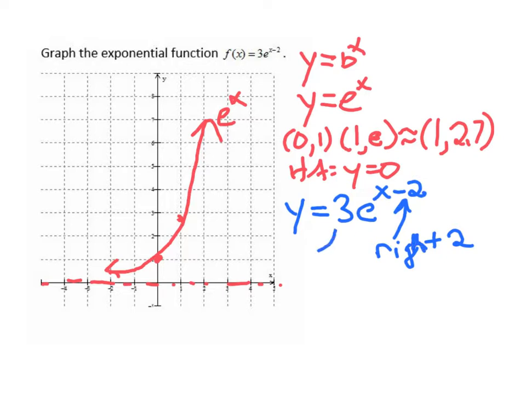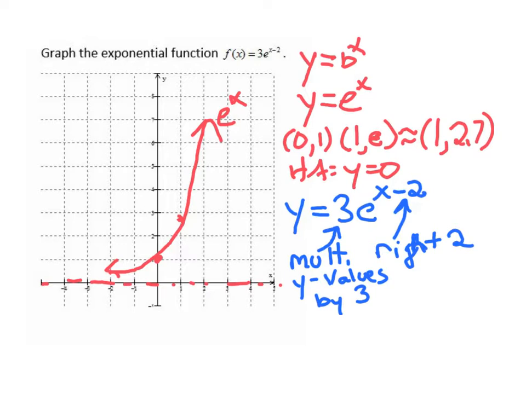There's 3 times the function. So that's a vertical stretch by a factor of 3. And the way we actually perform those vertical stretches is we multiply the y coordinates of our parent function by 3 in this case, whatever that coefficient is.